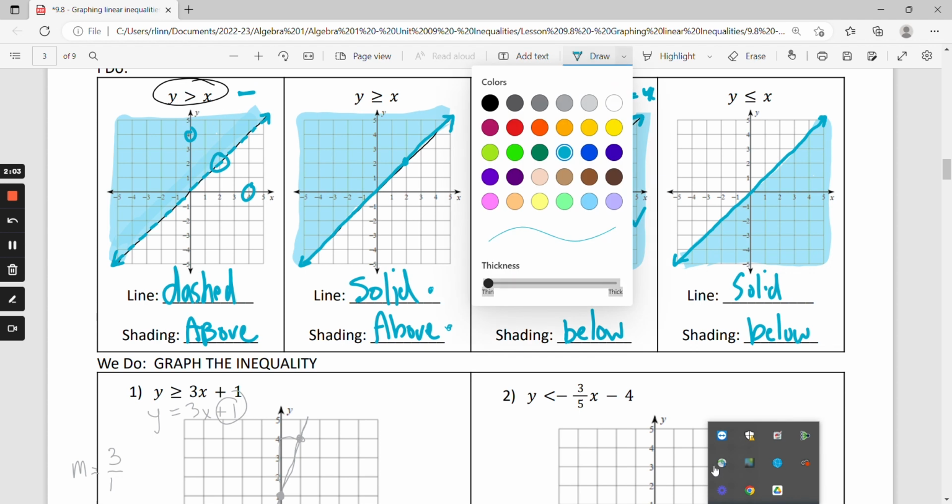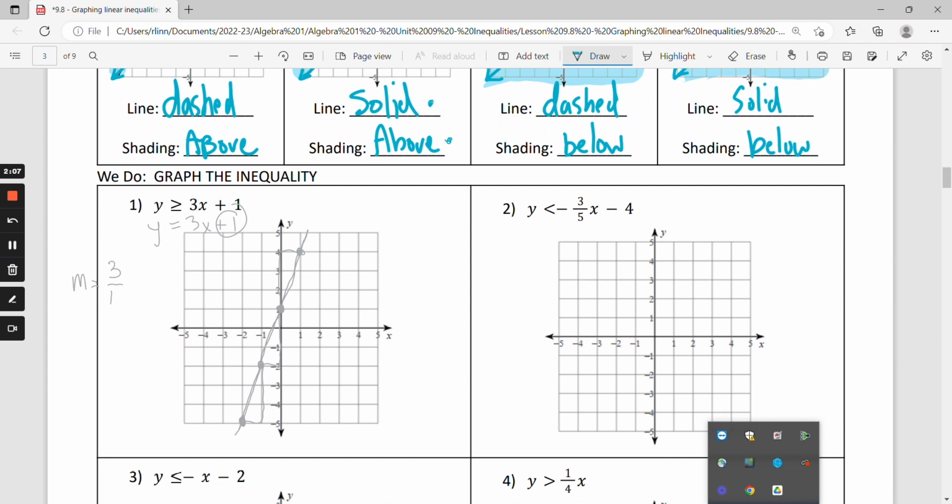So I'm going to go right over the one that I just drew, nice and bold, with arrows on both ends, to indicate that that line is part of the solution.